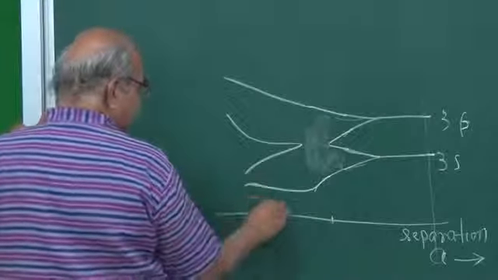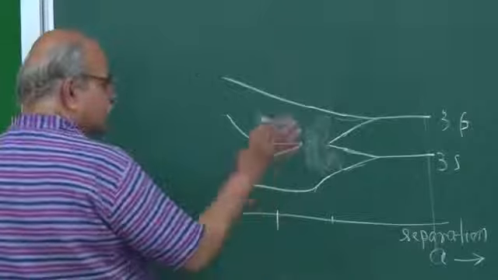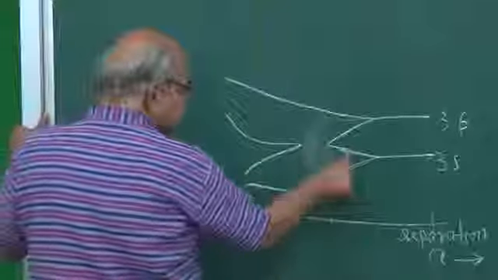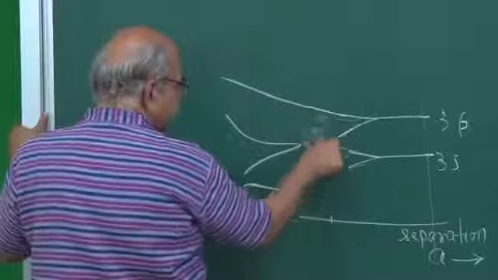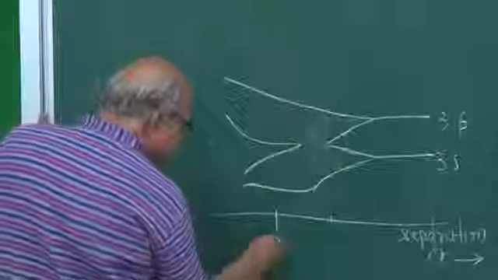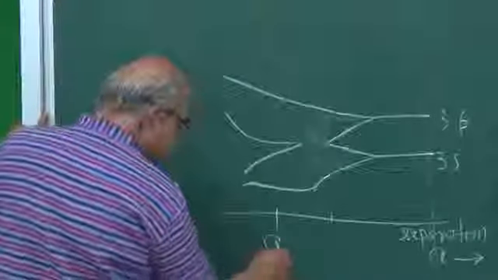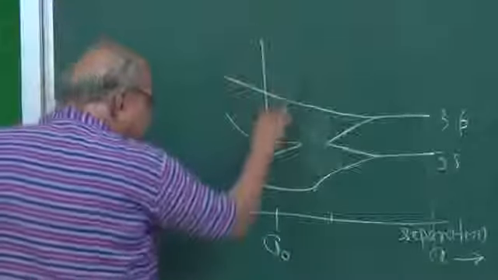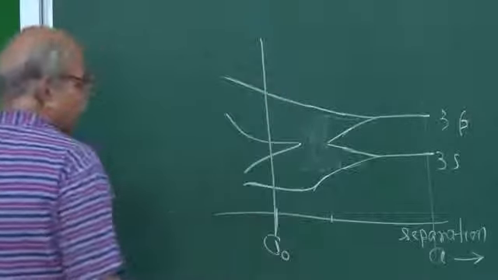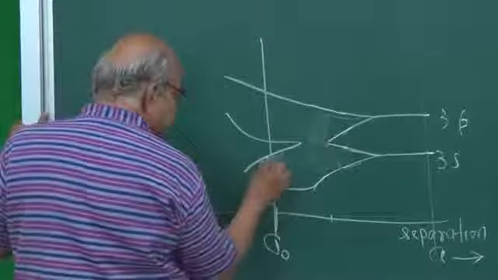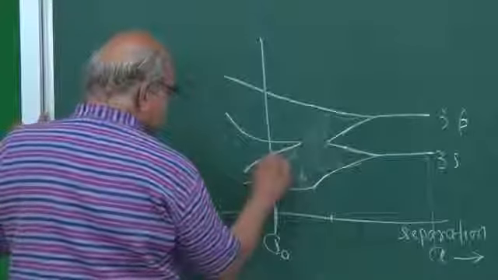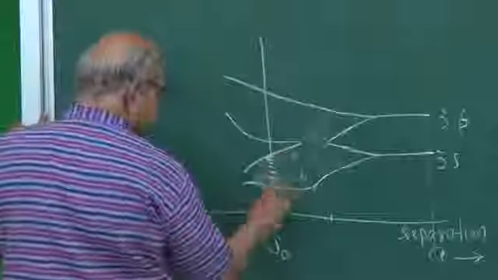And the actual separation may be somewhere here. Nice pictures you will find in books. So the actual lattice parameter is somewhere here, and if you draw a line, you have states here. These are the allowed energies.